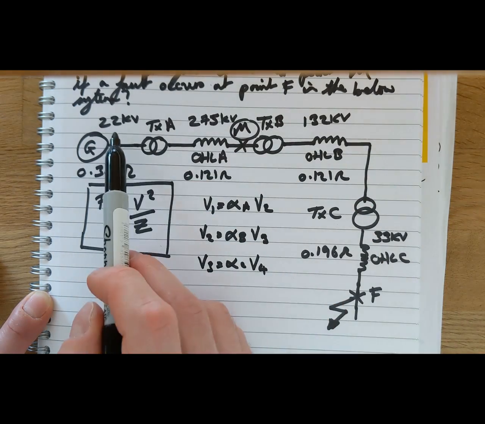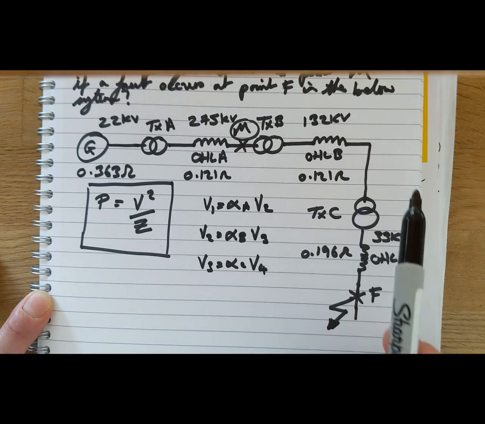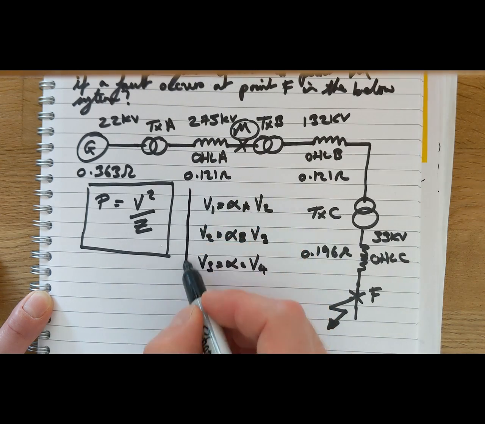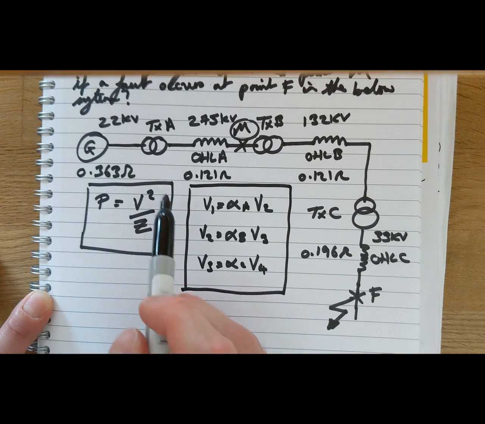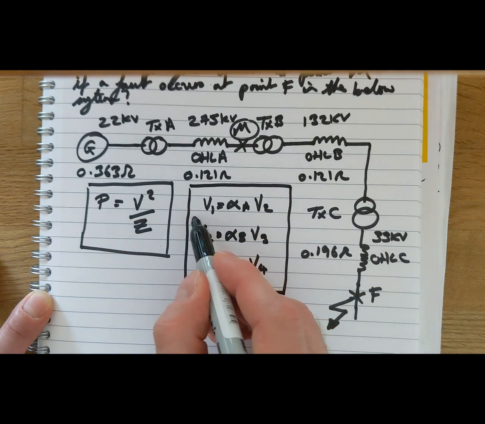So there's our 4 voltages, 22, 275, 132 and 33 kV are all defined by these basic transformer equations, and in conjunction with this equation the whole system is defined.